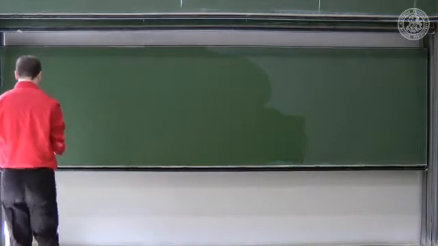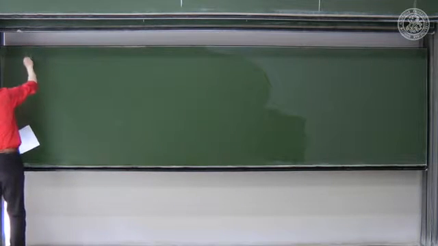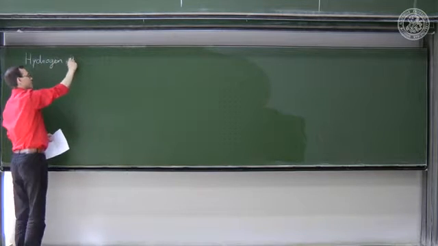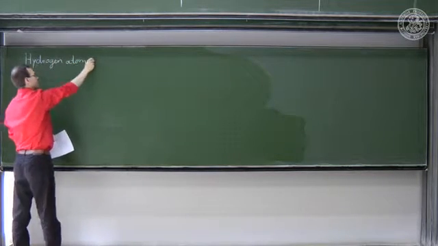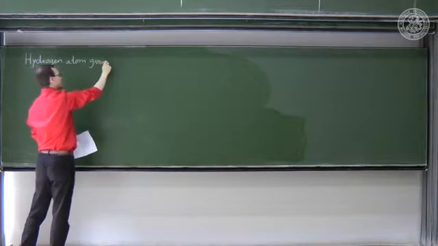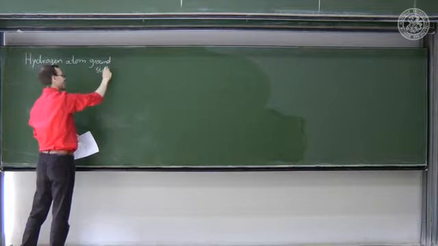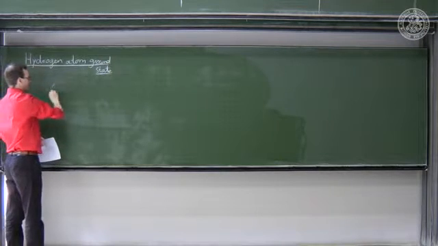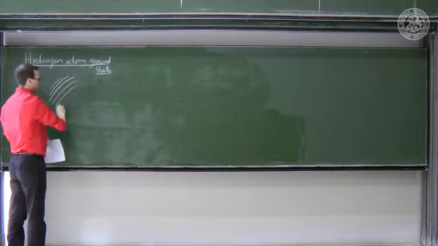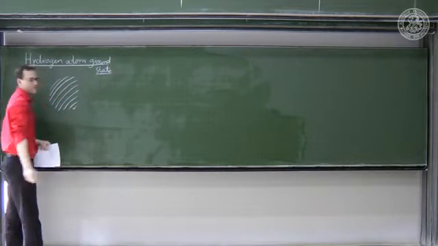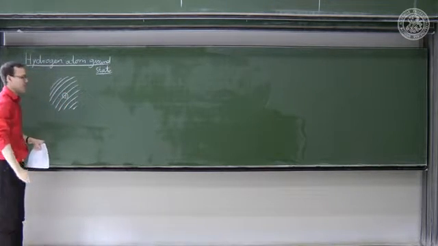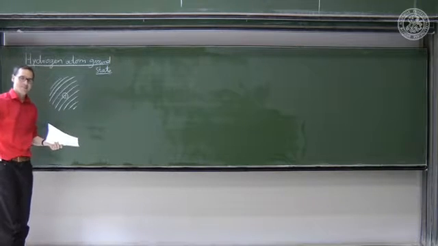So it turns out the hydrogen atom maybe is a little bit of a disappointment. So if that is, say, the psi squared, the density of the ground state, and this is the nucleus, it turns out the electron just sits there.